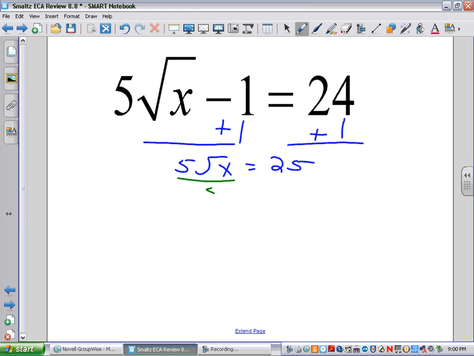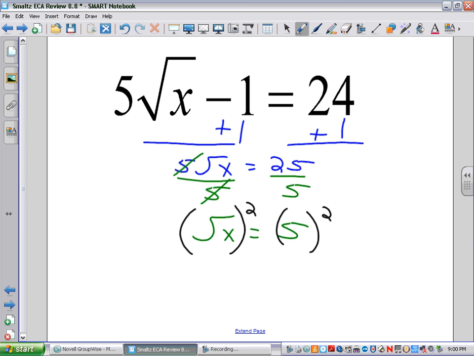Then you can divide each side by 5. So the 5's mark out. You have the square root of x equals 25 divided by 5 is 5. And then finally, square each side. And you're left with an answer of 5 squared is 25. We can circle that.